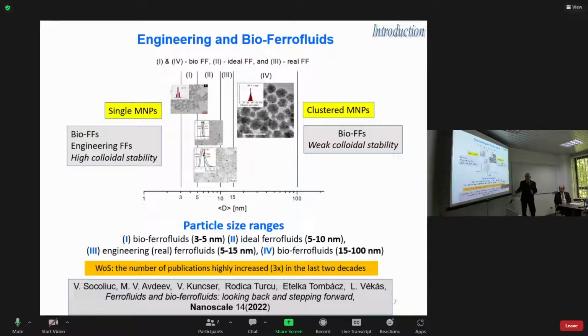But we greatly exceed the 10 nanometers needed for colloidal stability. So do not expect these bioferrofluids, except the left-hand side, which are perfectly stable, to remain stable for a long period of time in a magnetic field. No, it's out of the question. But their usefulness is defined by their behavior in the biological media.